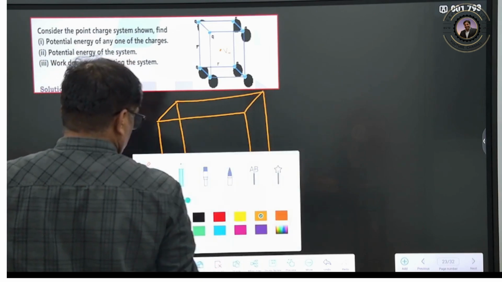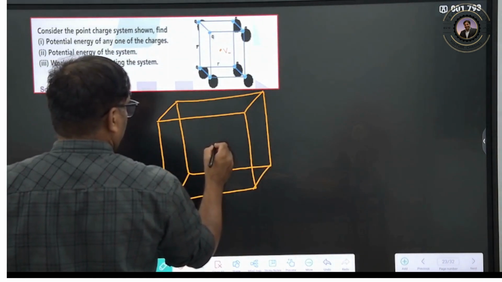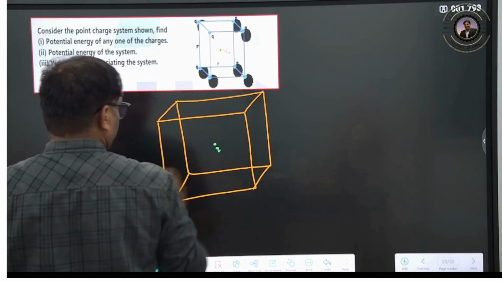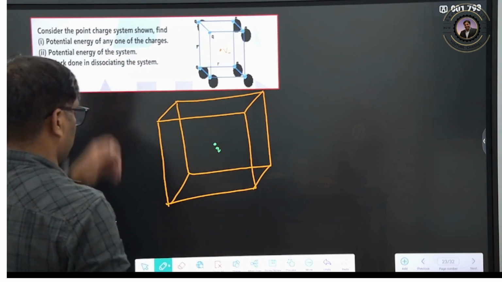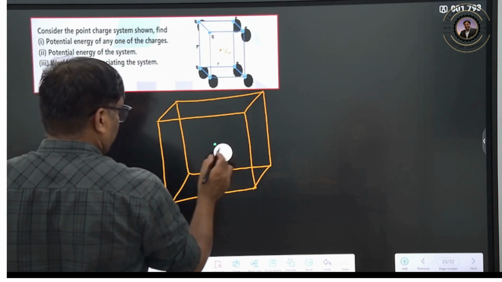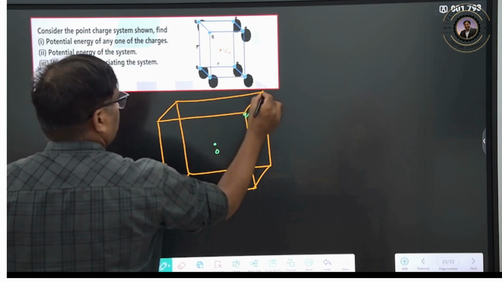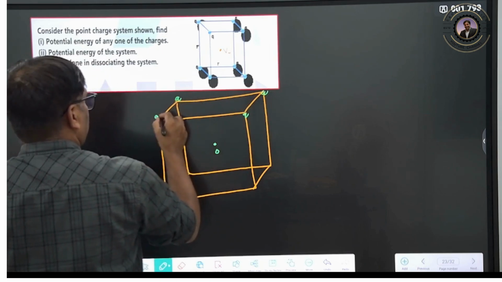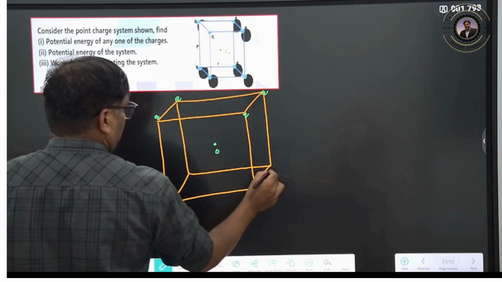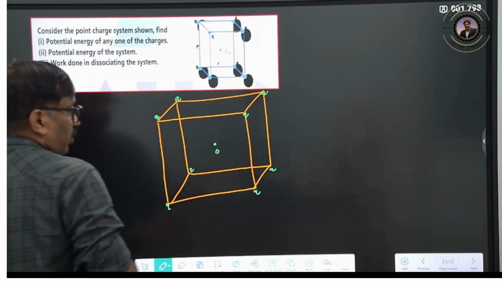So the potential at the center of this, here it will be the cube. Clear? So at this point we want to calculate the potential. All these charges q are there, and we want the potential at the center. So we can add this question also.